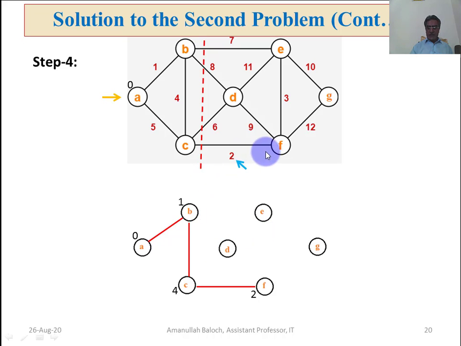The computer will attack this edge, and this edge will become part of the tree, and its weight will become the key value of E.